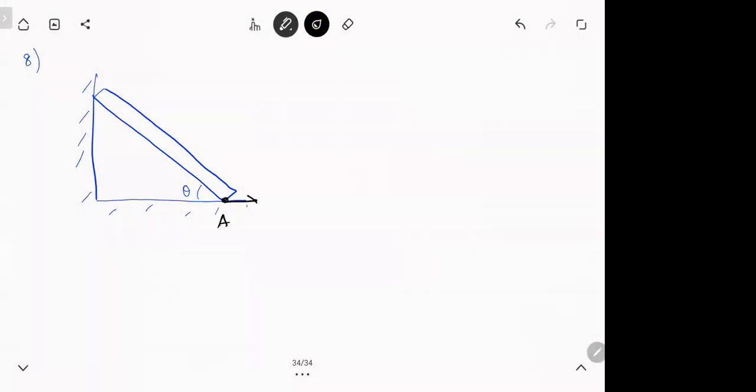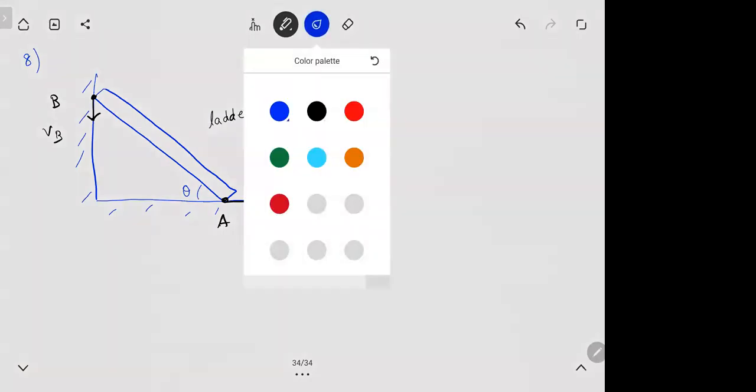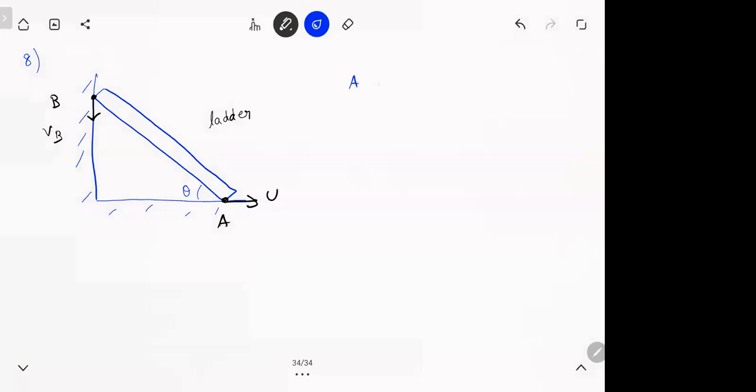A is going this way, and this point B is on the wall. So B also will go this way. B will slide on the wall, A will slide on the floor. So A slides on the floor with constant speed U. When the ladder is sliding on the floor, the point B on the wall also will come down. Find VB at this instant. So when this angle is theta, find the speed VB.